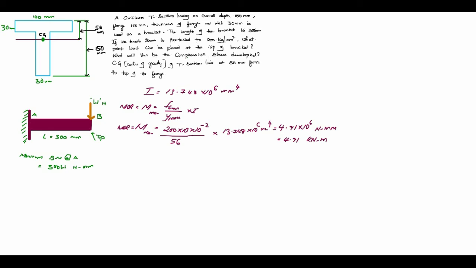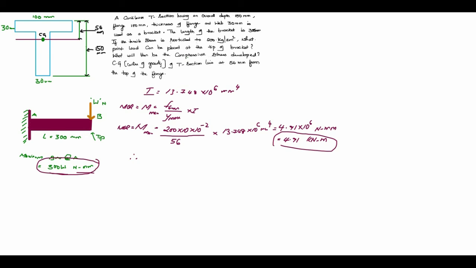So as we see from this figure, the load is acting at the tip and the maximum bending moment is going to occur at the support, which will be equals to W into length, that is W into 300 mm, W Newton into 300 mm, which gives 300 W Newton mm. Therefore, what happens is this value and this value should be equal, right?